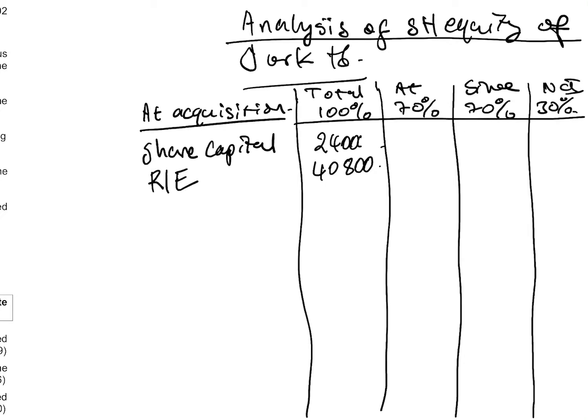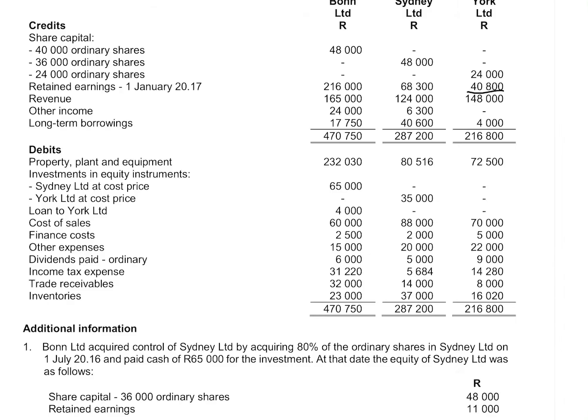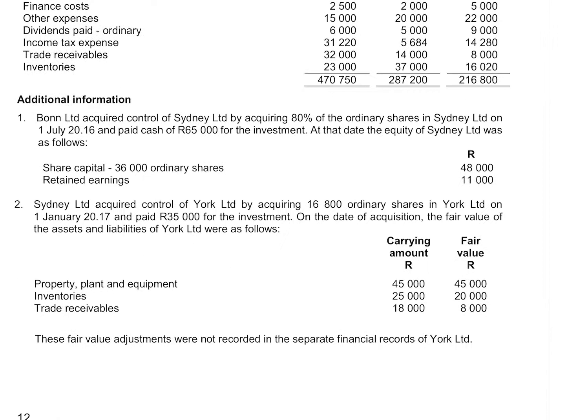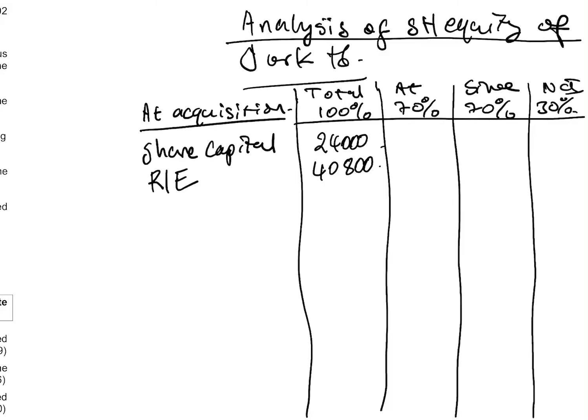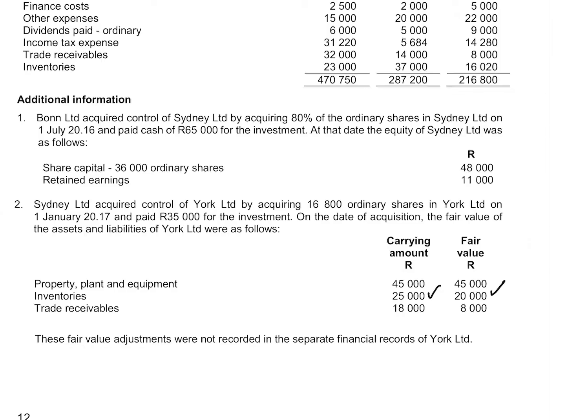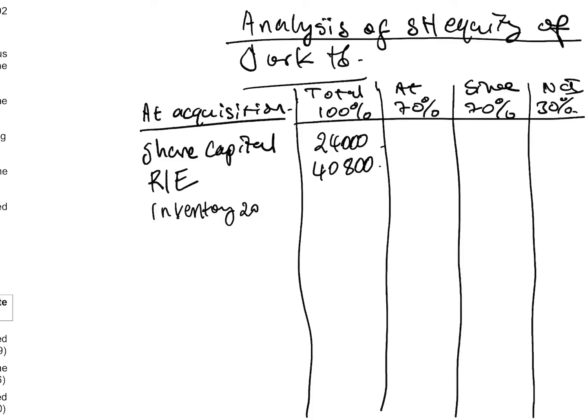There was a revaluation of the assets at acquisition. Inventory was 25, now it is 20. So the inventory has gone down. So inventory will be 25 minus 20, which gives us 5,000.